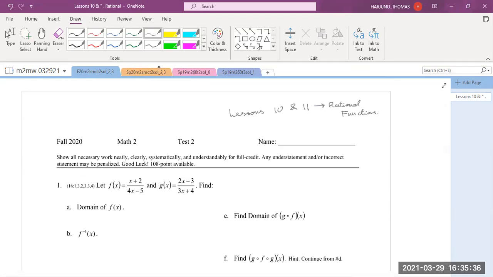Okay, and basically, once we're done with the rational functions tomorrow, then on Wednesday we will work on rational functions. Then on Thursday, I believe we will be working on inverse function, composition of function. Oh, hold on. We did composition of function in this class. So then on Monday next week, we will work on inverse function.